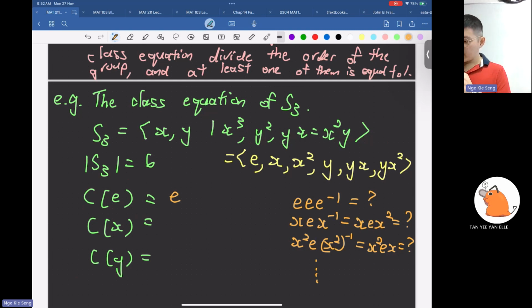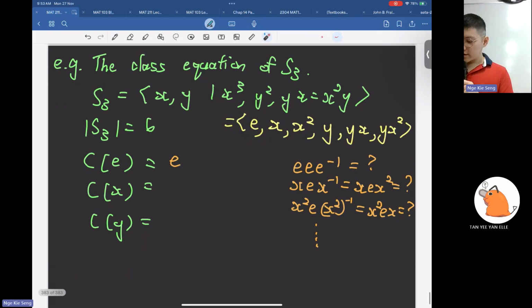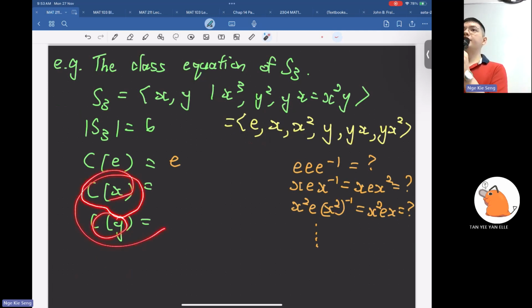But how about the rest? How about X and Y? Can you try out? You know what to do? Try and compute. What are the conjugacy classes for X and Y?